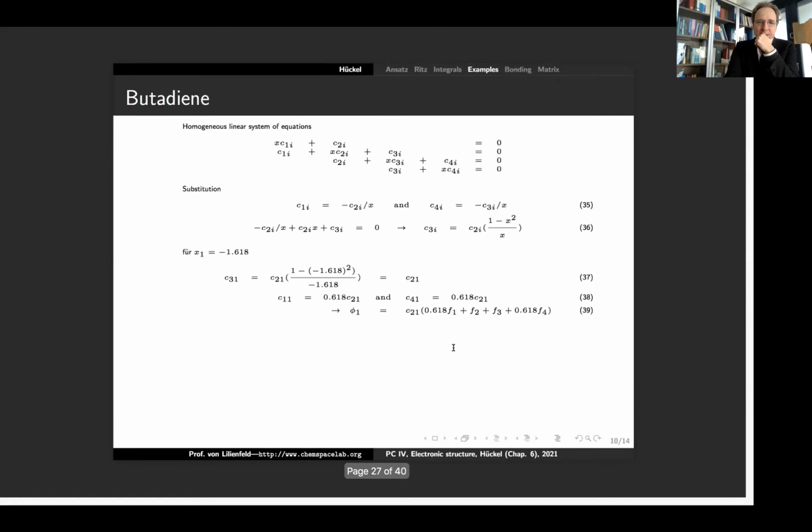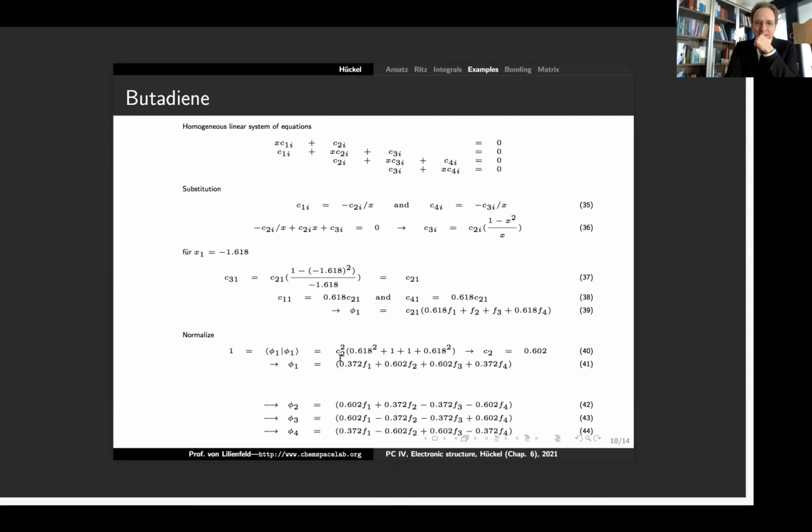Let's go back to the example, right? This was the example of butadiene. So remember, we had these coefficients, 0.372, 0.602, 0.602, and then 0.602, 0.602, 0.372 on the first atom. And on the second, 0.6, here again, the product of these and these is going to be the same. And we only occupy the lower two, right?